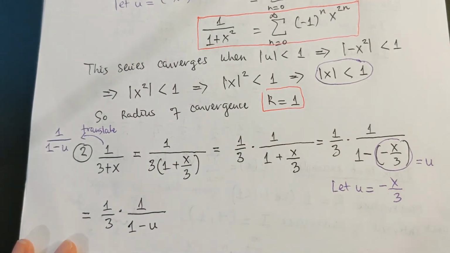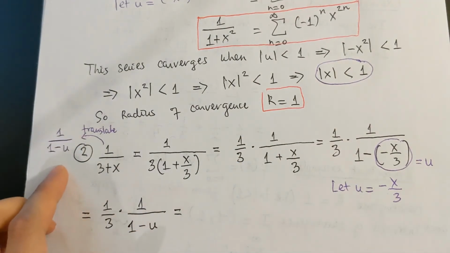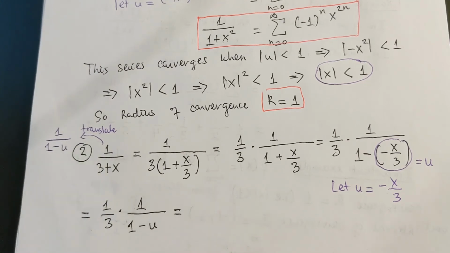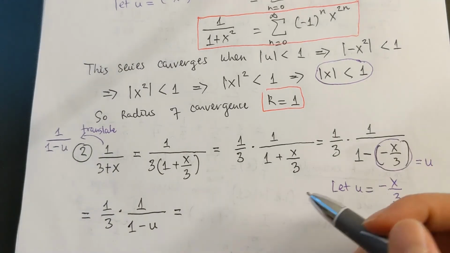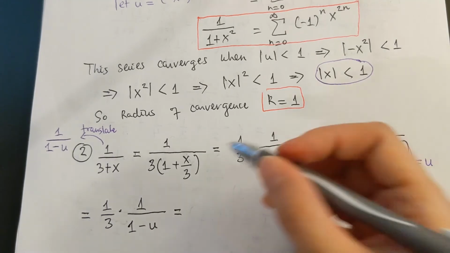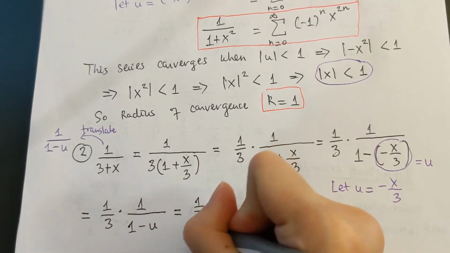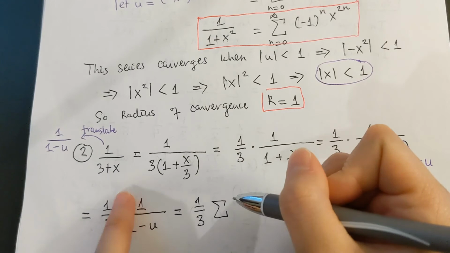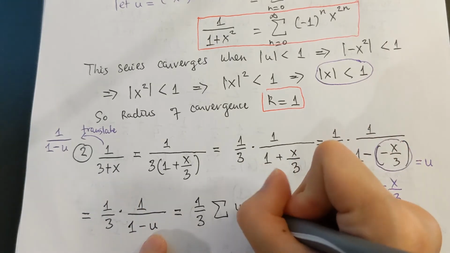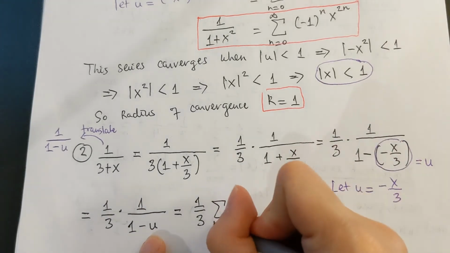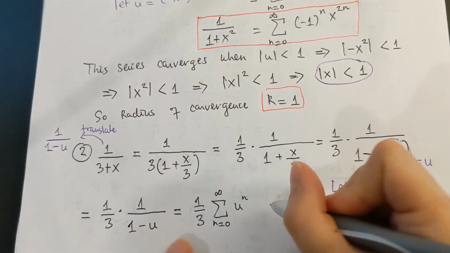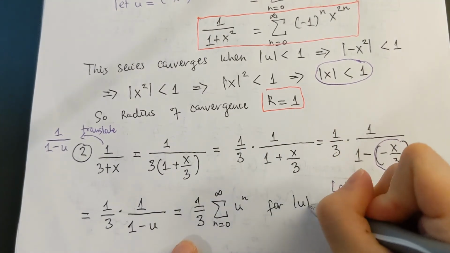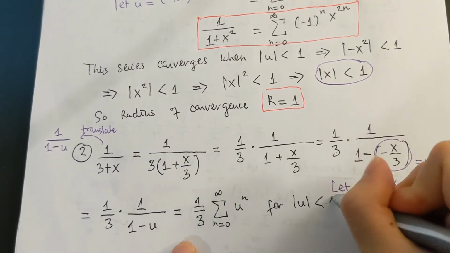Okay. So then we can use the formulation: 1 over 1 minus u is the power series u to the n, for as long as the magnitude of u is less than 1. So 1 over 1 minus u is the sum of u to the n, from 0 to infinity, for magnitude of u less than 1.